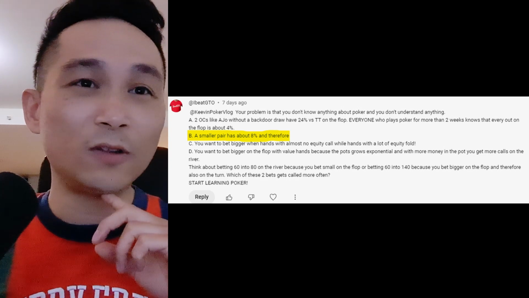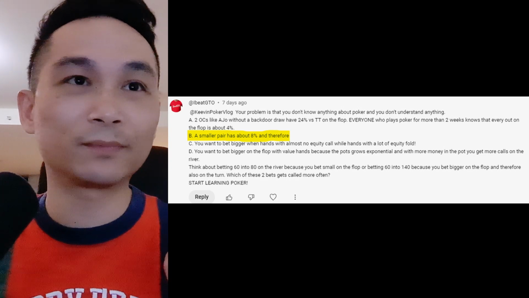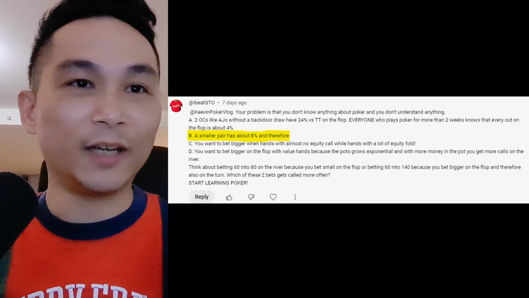"B, a smaller pair has about 8%, and therefore..." Okay, so true. A smaller pair against my pocket tens would have 2 outs, and each out on the flop is 4%, which totals 8%. So yeah, another mathematical statement of fact before he gets to the point he's trying to make.